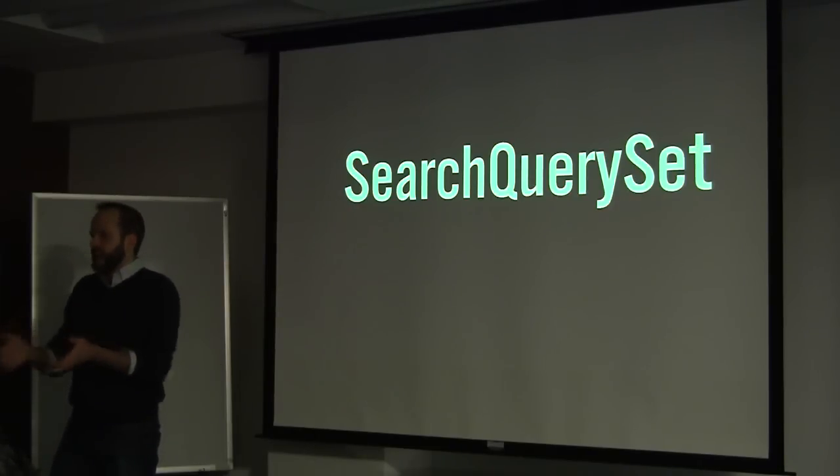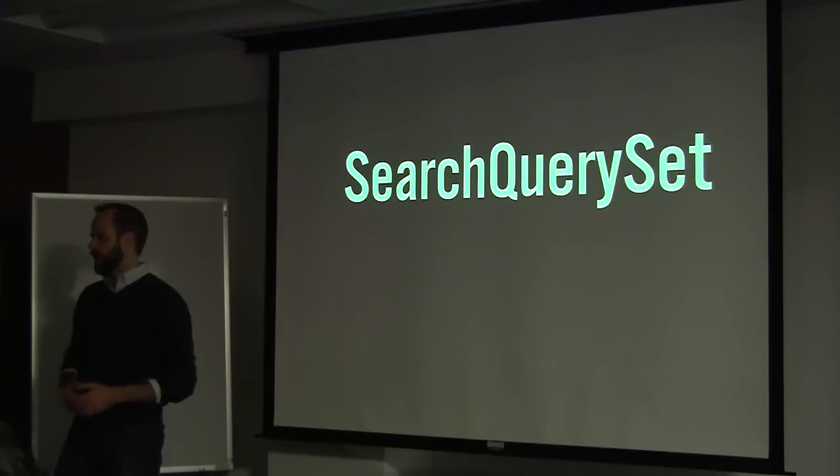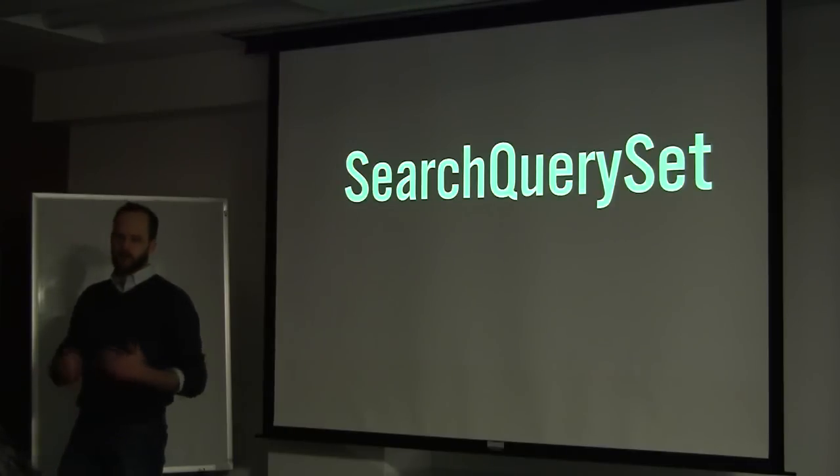It really just needs to have the same attributes. I think that's what matters. The search query set is very similar to the query set API, from the lookups to how it behaves in filtering.